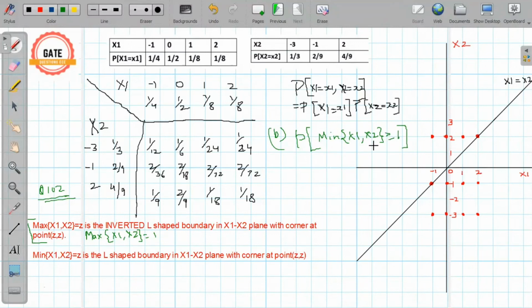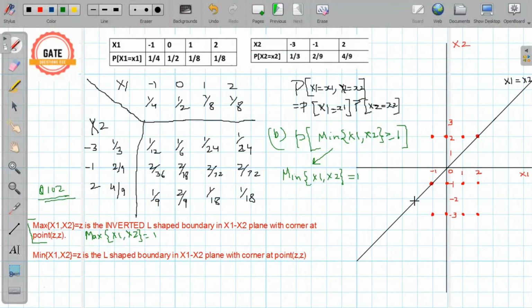For this, we need to identify the region for which minimum x1 comma x2 is greater than equal to 1. For that, we need to first identify the boundary for which minimum x1 comma x2 is equal to 1. From this conclusion, we know that it will be an L-shaped boundary in this x1 x2 plane.